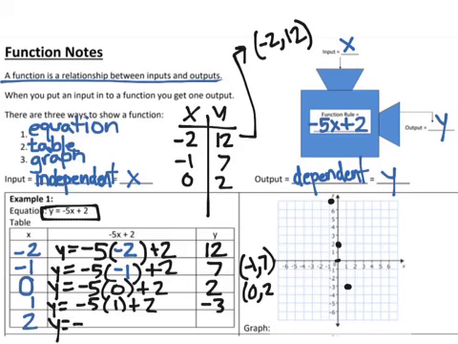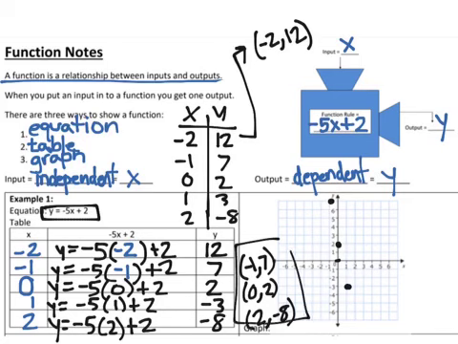So y equals -5 times 2, which is negative 10, plus 2 is negative 8. So filling in my values as I go, we got 2, negative 8. So we know we have another point at 2, negative 8, and we could write coordinate pairs like that for all of them if we wanted to, just to keep it straight. And 2, negative 8 is going to be a point about right there.